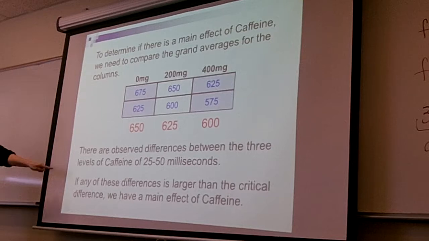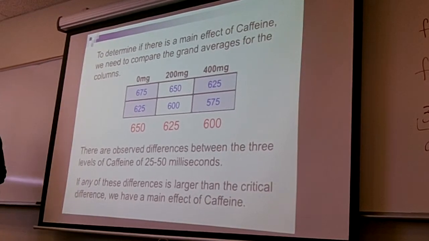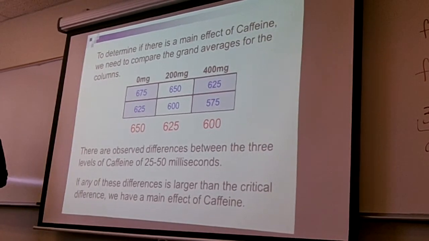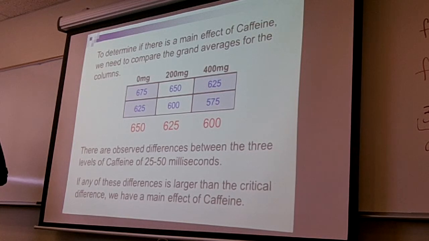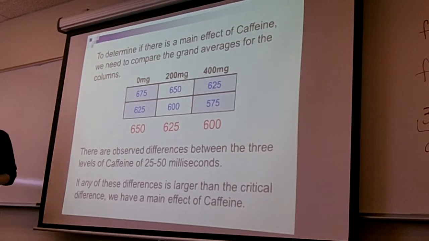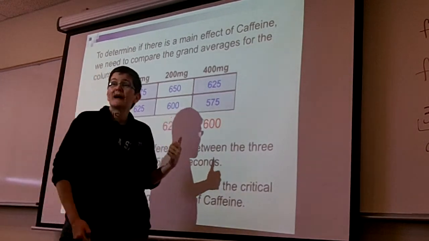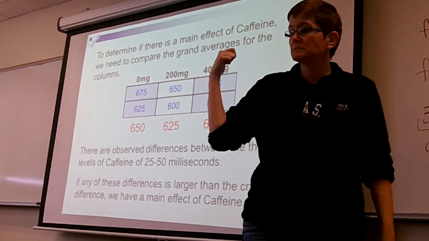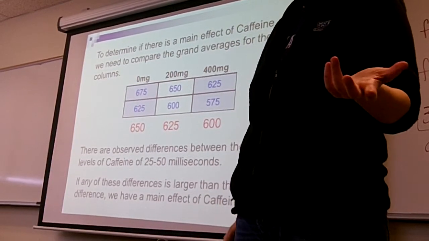So if any of the differences, any of the pairs, are more different than whatever critical difference I give you, that means we have a main effect of that variable. Now, when we do this kind of analysis, we would be doing an F-test here, right? Because we've got 3 levels.